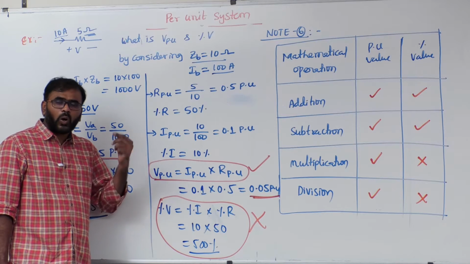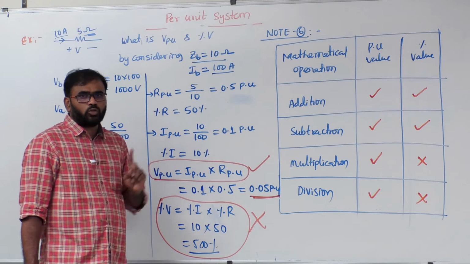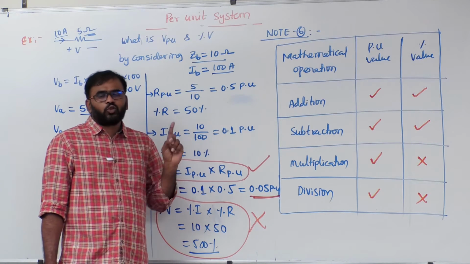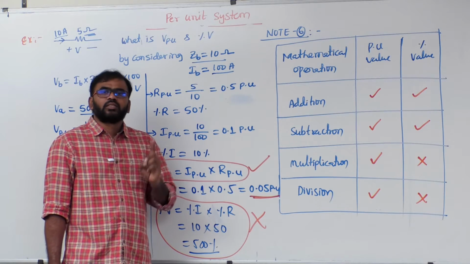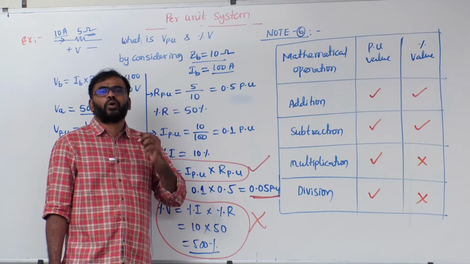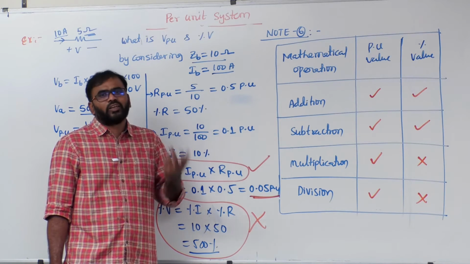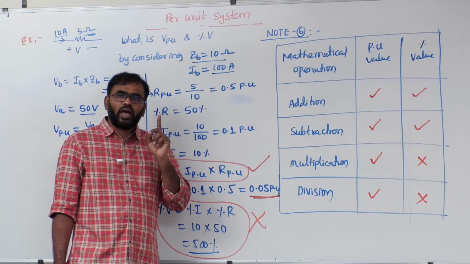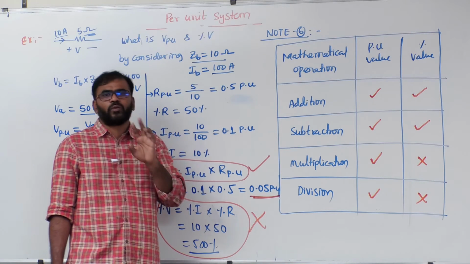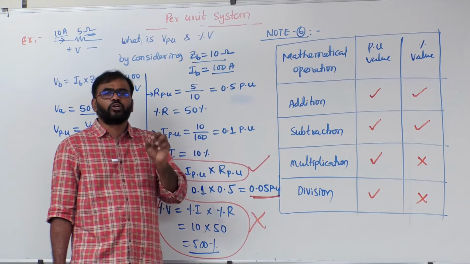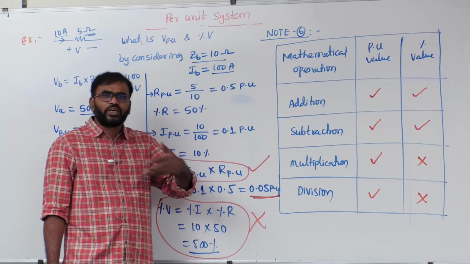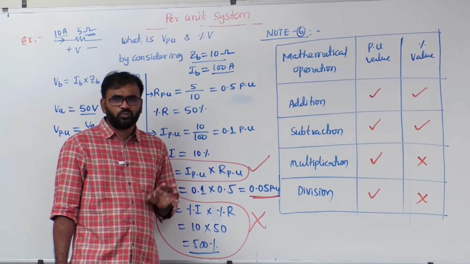Okay, let me recall all the 6 notes again. The first note: actual value and base value have the same unit, so per unit value is unitless. Next, actual value is always unique. Per unit value is not unique, because per unit value will change based on base value selection. That is note number 2.